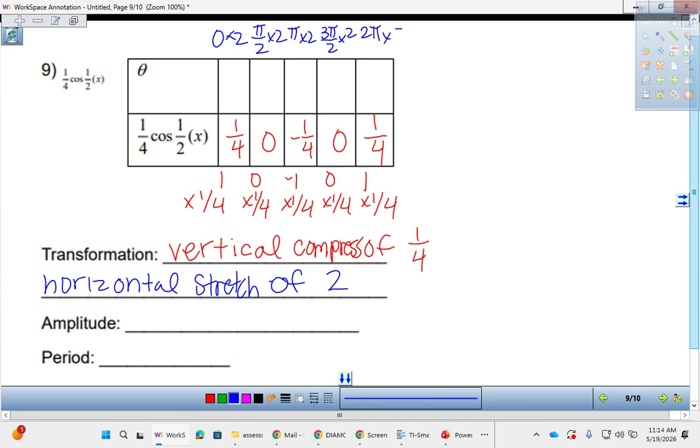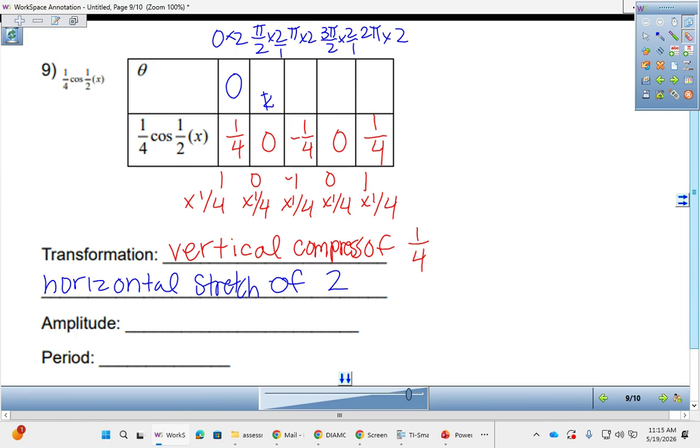And anytime it's not a fraction, you can make it a fraction by putting it over 1. So 0 times 2 is 0. Pi over 2 times 2. Pi times 2 is 2 pi, and 2 times 1 is 2. And those 2's will cancel out, and just leave me with a pi in that spot. So I'm going to change that to a pi.